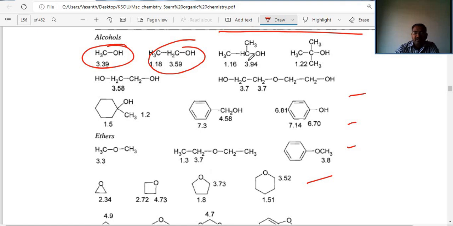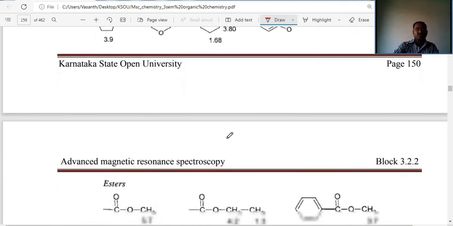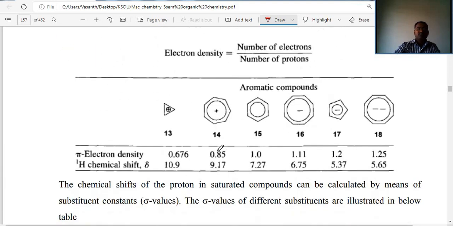This carbon has 3.94. The neighboring one has only 3, which means it is removed by one. That is for ether molecules. These are very important; just go through them, along with some numericals.